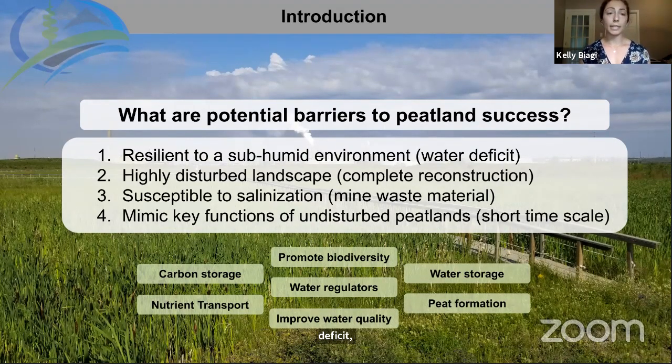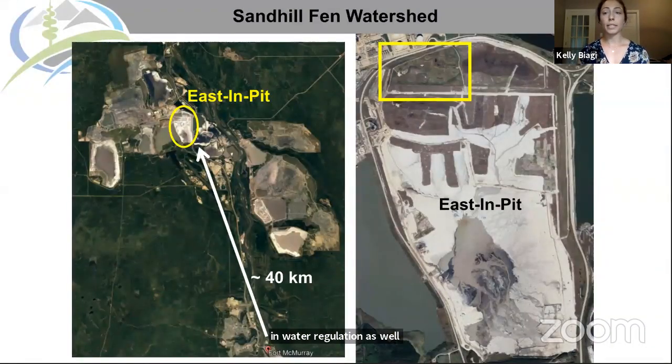They're susceptible to salinization as they're built upon mine waste material that's highly saline, and they should mimic the key ecosystem functions that natural undisturbed peatlands provide. I've listed some of them there, especially the role they play in water regulation as well as carbon storage.